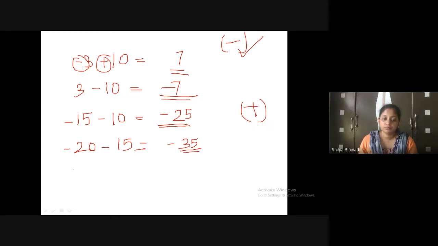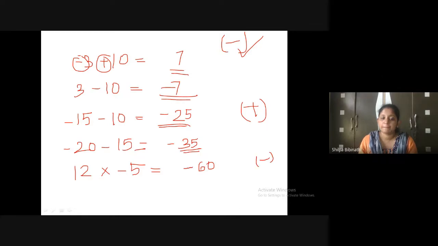Now suppose you see a question in case of multiplication, 12 into minus 5. What will be the answer? You are going to multiply: 12 5s are 60. Now comes which sign to put. 12 is positive, 5 is negative. Which sign to put? Always in multiplication you are going to put a minus sign if you see at least one number negative.